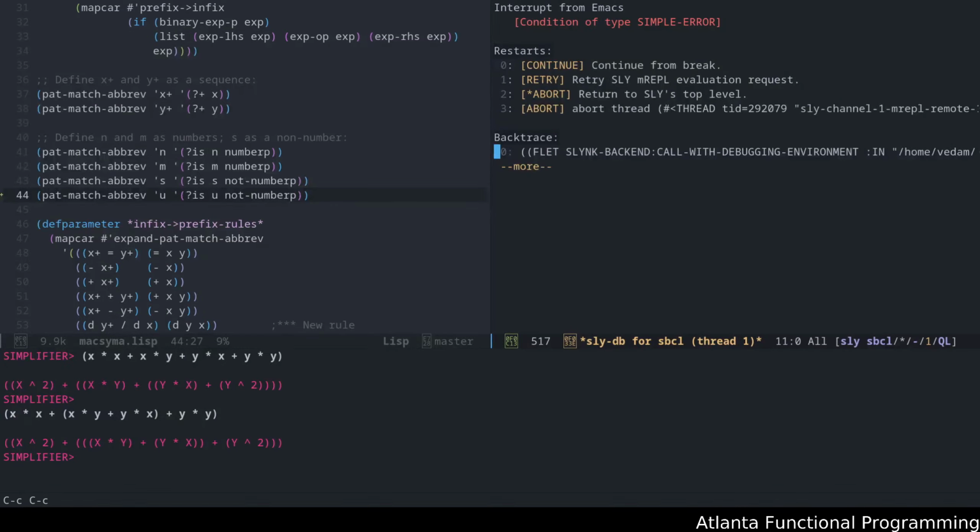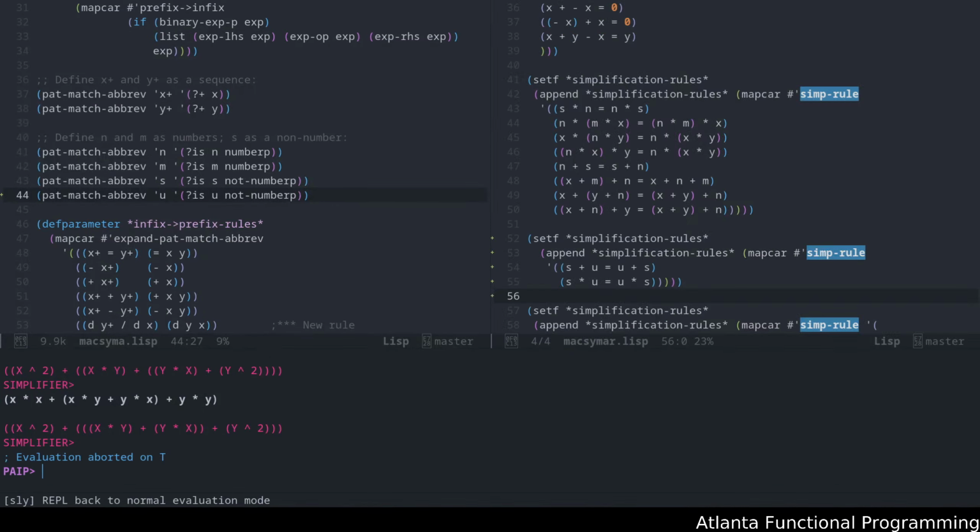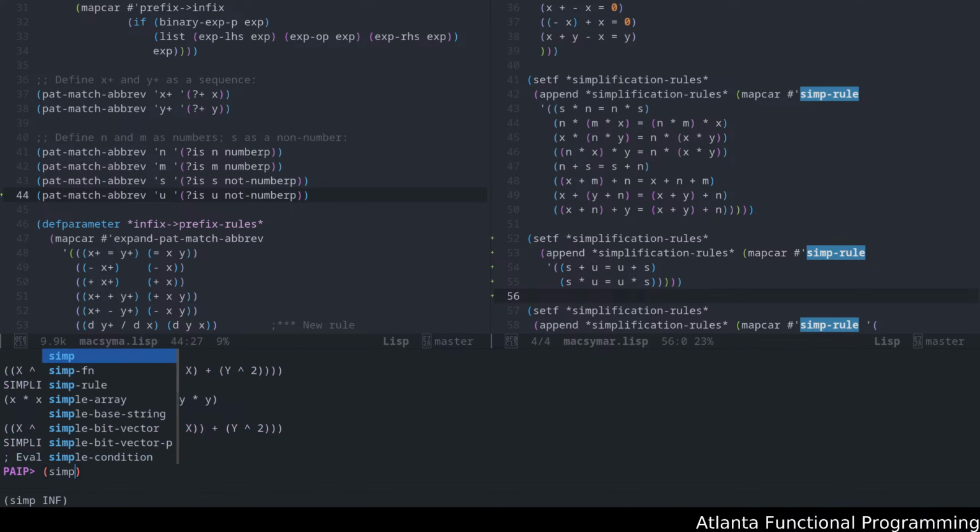Let's try that. And we don't need to necessarily call, so we could just test this here. X times x plus x times y plus y times x plus y times y.